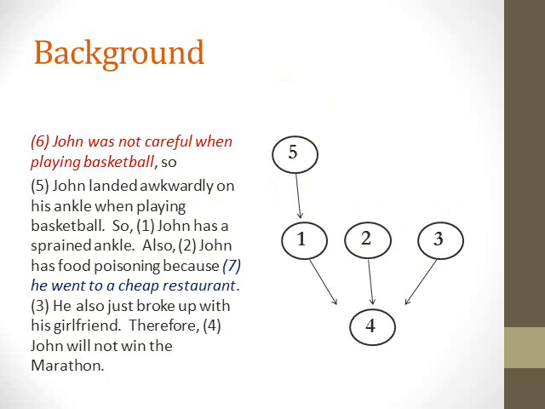Okay, so just to make things a little bit more complicated, and as you'll see, as we get into more difficult and longer passages, the diagrams actually will be quite expansive. So here, on the right-hand side, I have the same argument as I did in the previous slide with the sub-argument and all. So John landed awkwardly on his ankle, so John has a sprained ankle.